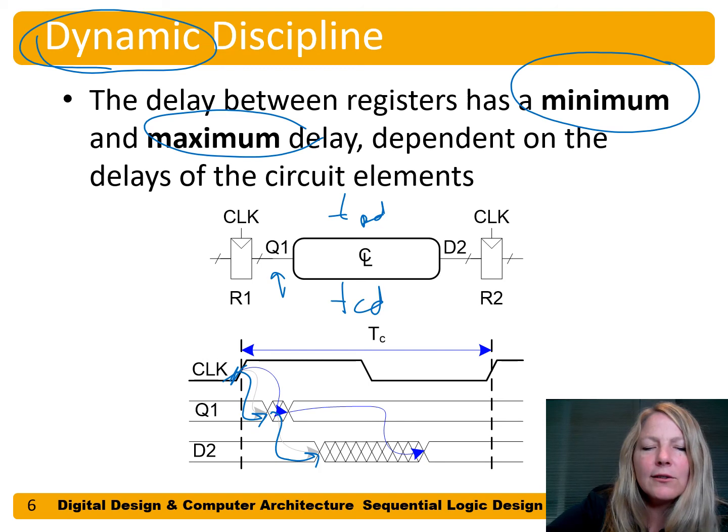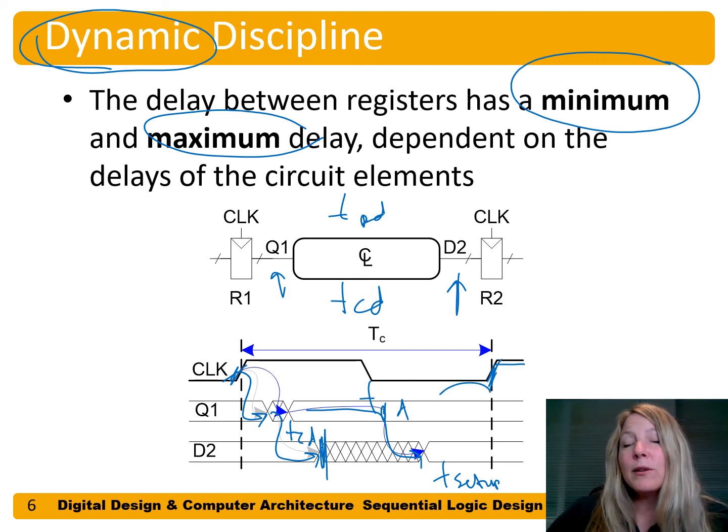That could start changing as early as this point because of TCD, or as late as some later point because of the propagation delay of the combinational logic. And then it has to get to D2, and D2 has to stop changing a setup time before the next clock edge.